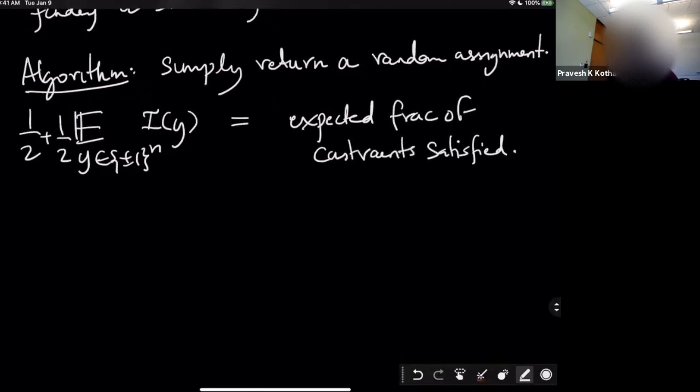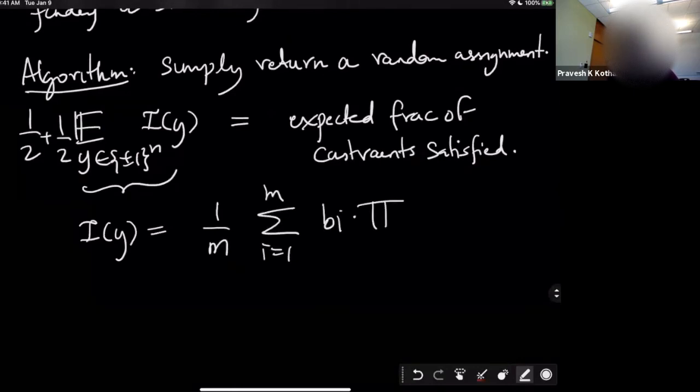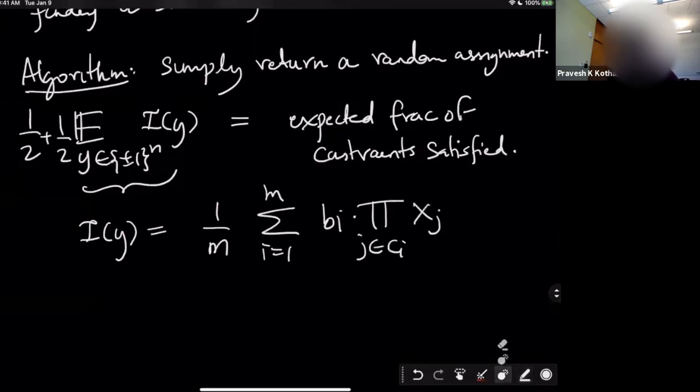And so, we just need to consider what this E of Iy is. And Iy, if you remember, was 1 over m, sum over i from 1 through m, bi times the product over j in the ith k-tuple of xj. And actually, my assignment is y, so let's call it yj. So by linearity of expectation, I get to apply expectation here. Now, y is completely independent of the choice of the instance, right? It doesn't depend on bi at all.